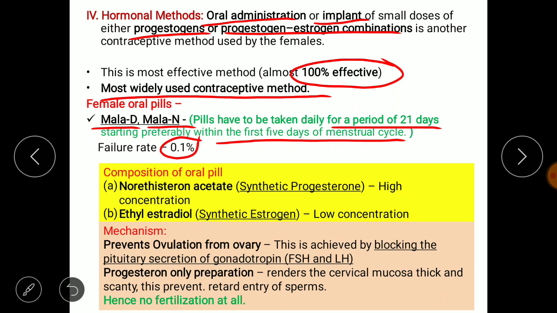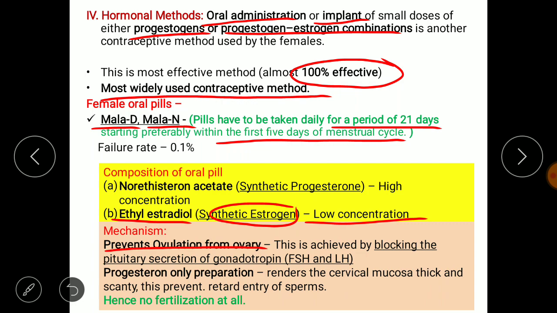Composition of the oral pill, here the Mala D or Mala N, is norethisterone acetate. It is nothing but the synthetic progesterone maintained at high concentration. Second is ethinyl estradiol. This is the synthetic estrogen and it is maintained at the low concentration in the tablets. The mechanism is to prevent the ovulation from the ovary.